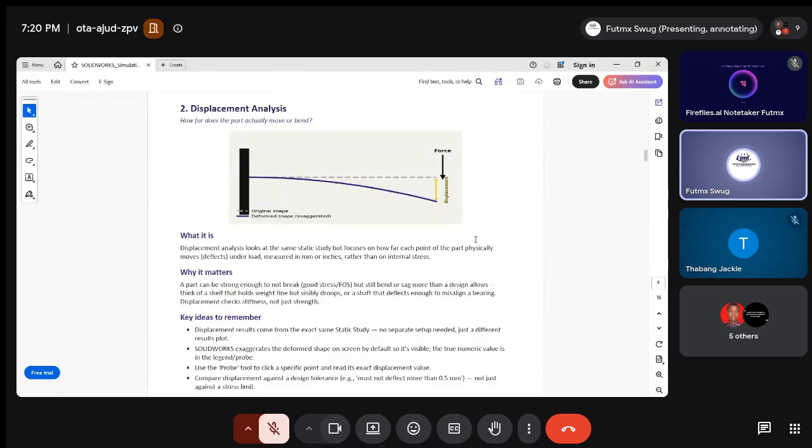Now, all these things depend on the industry. For different industries, there are different factors of safety. When you're in the construction industry, there's a particular allowable factor of safety. When you are designing anything, you design with that particular factor of safety in mind.